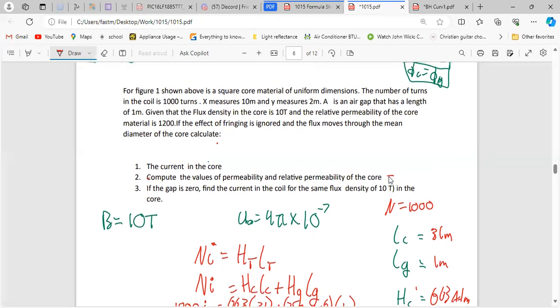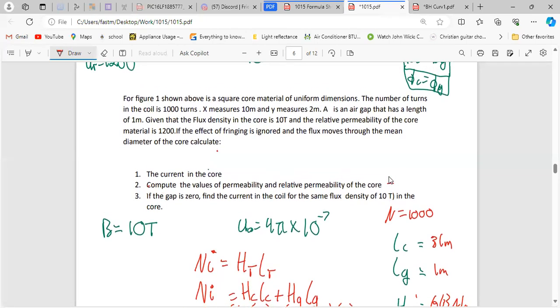So mu is mu zero times mu r. If they give you mu and you have mu zero, you get mu r. So this one will give you mu r, so it cannot be redundant asking you to do it again.